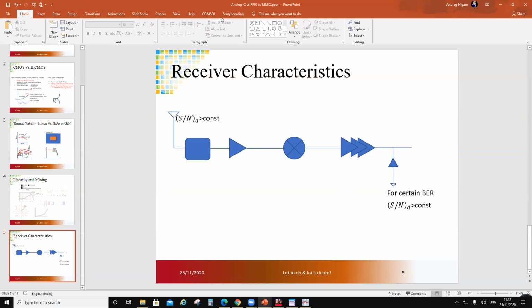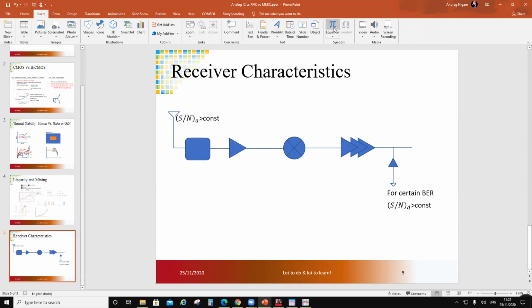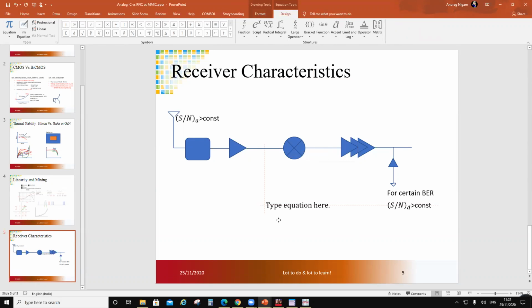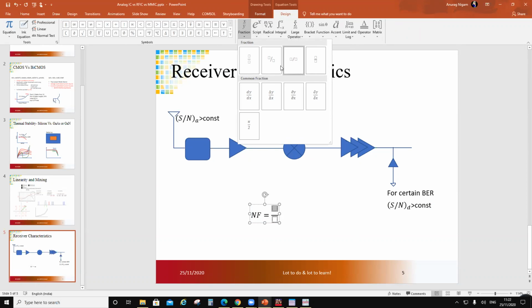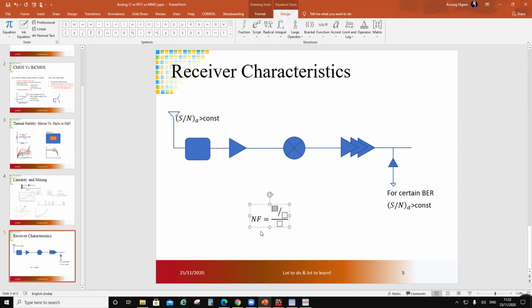Okay, so I will say noise factor is basically the gain offered to the noise. So this will be the gain offered to the noise: output noise divided by the input noise.